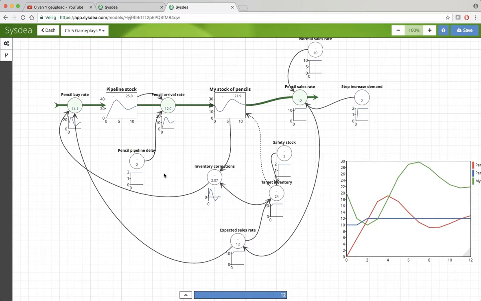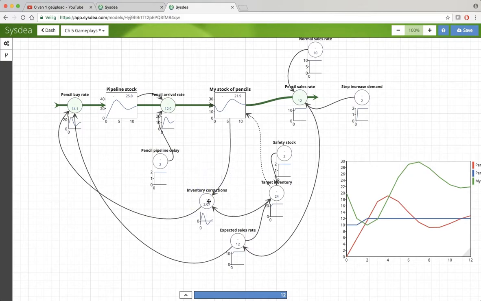That does get better. You see a nice amplification here, and part of the reason is that we do not account for the pipeline stock up here, and we should. There should also be pipeline corrections. So let's see if we can make those pipeline corrections.